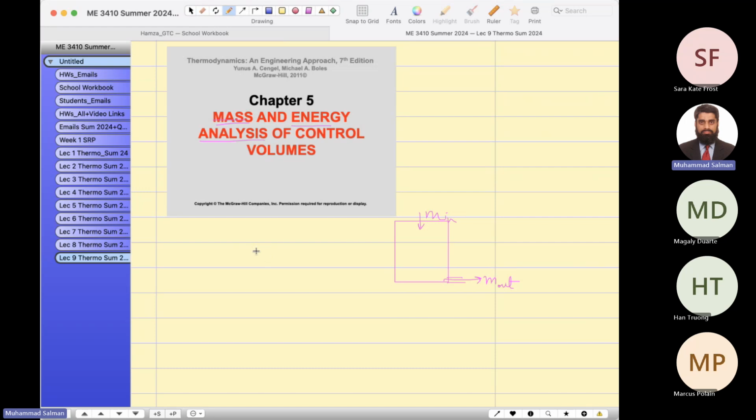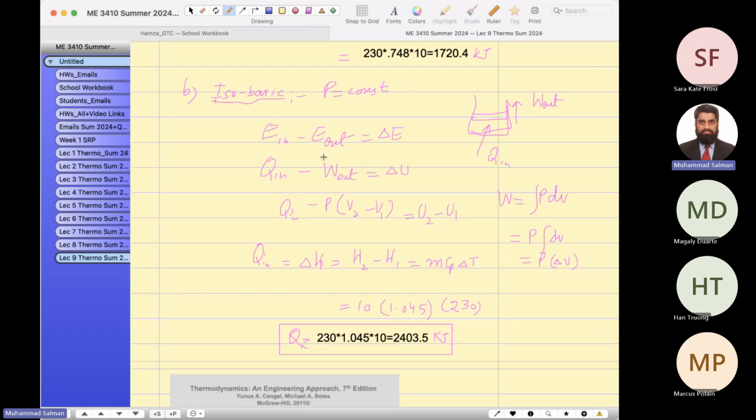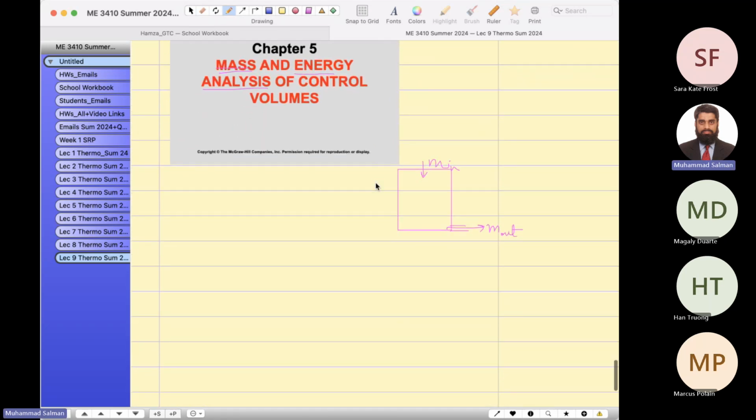You remember we did some questions from the previous chapter, where we did the energy analysis. We will also focus on energy analysis, but with the mass included, like mass is also moving inside the device.